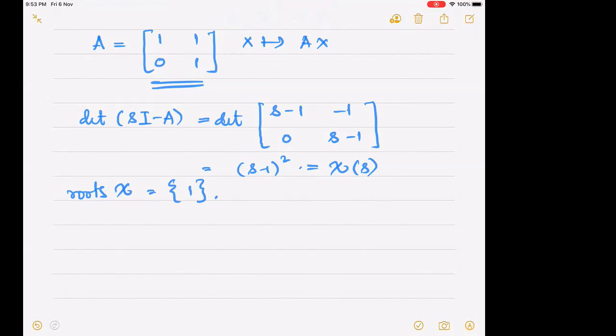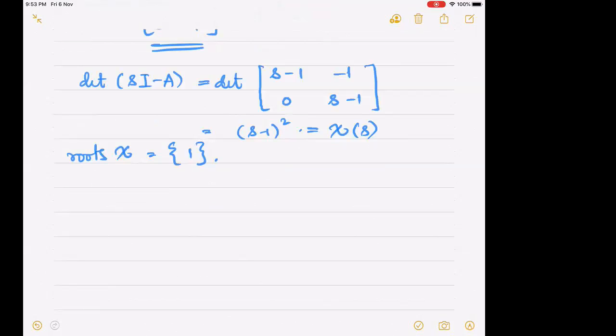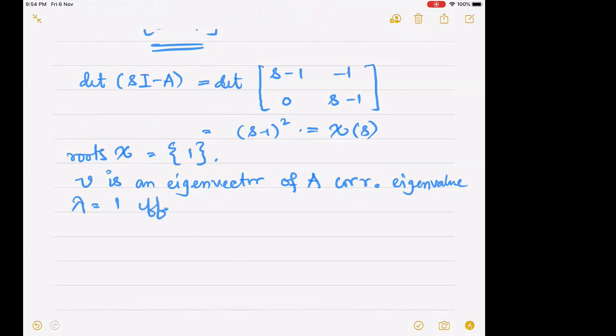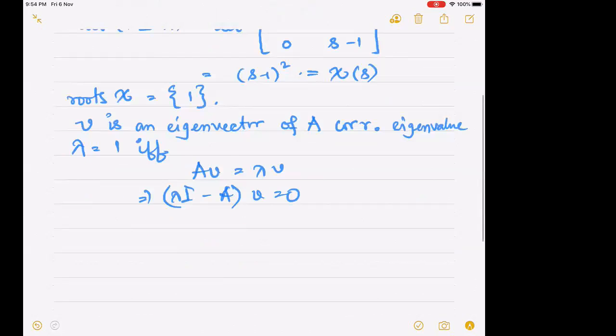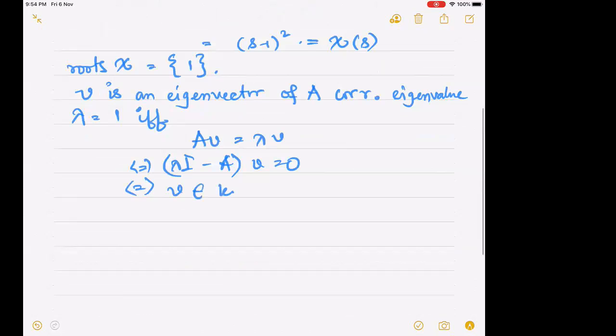In order to find eigenvectors, what do I have to do? V is an eigenvector of the operator A corresponding to eigenvalue lambda equal to 1 if and only if AV is equal to lambda V, which means (lambda I minus A) times V ought to be 0, which is if and only if V belongs to the kernel of the operator lambda I minus A. In this case, what is my lambda I minus A?